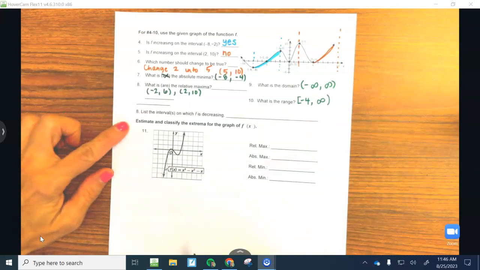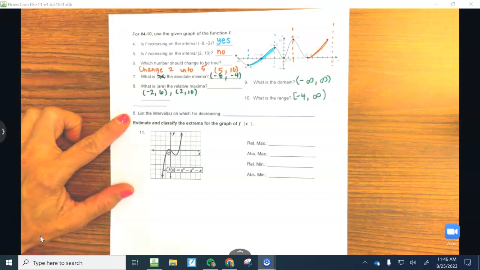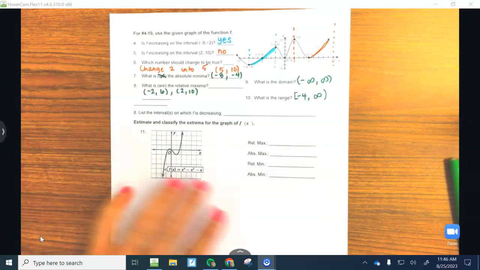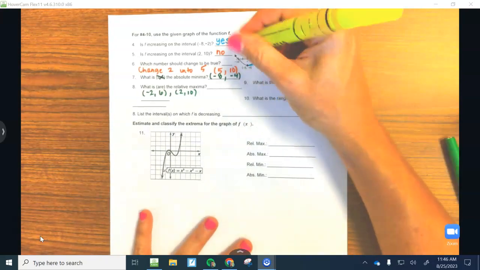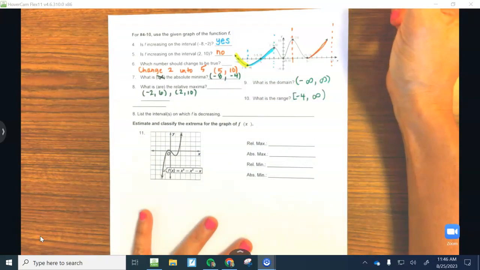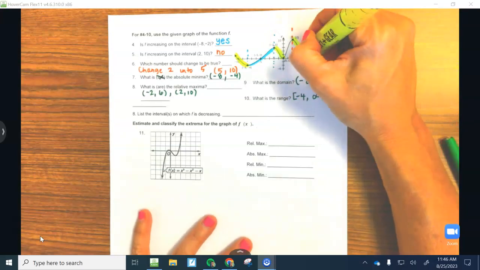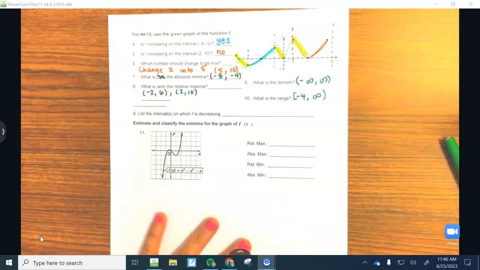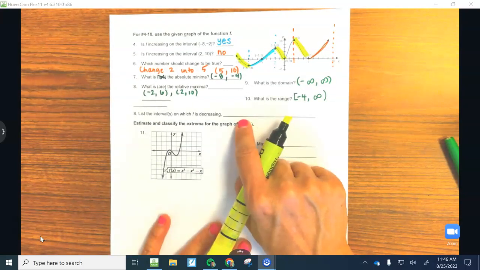Okay, let's look at problem 8. List the intervals on which f is decreasing. The graph is falling right here, it's falling down right there, and it's falling down right there. If you notice, we highlighted 3 separate things, which means we're going to have 3 separate intervals.